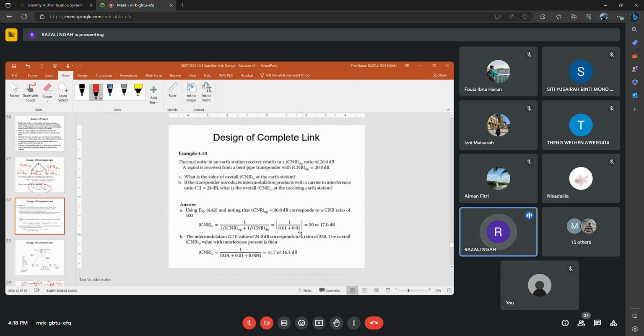The point is you need to convert 20 dB to linear. In linear it is 1 over 100, which gives 0.01.